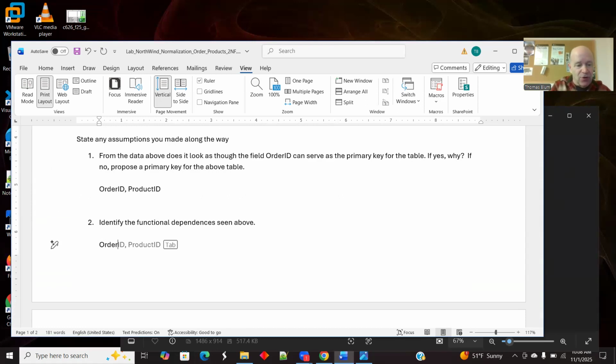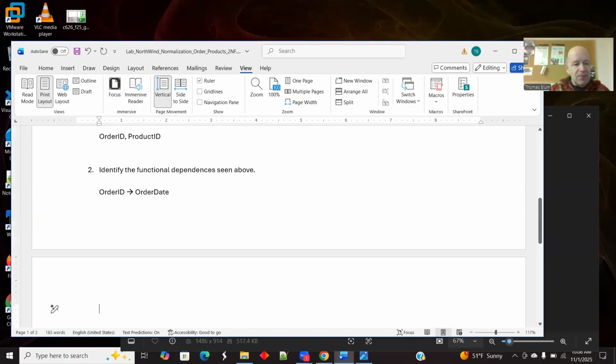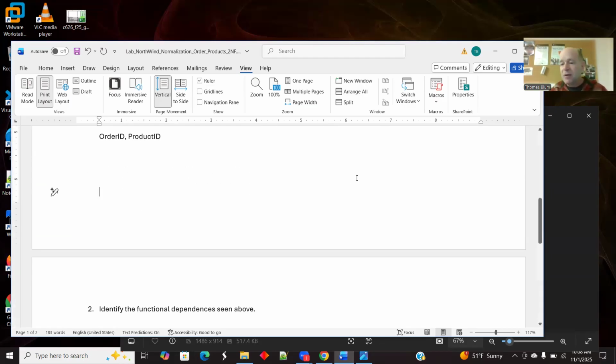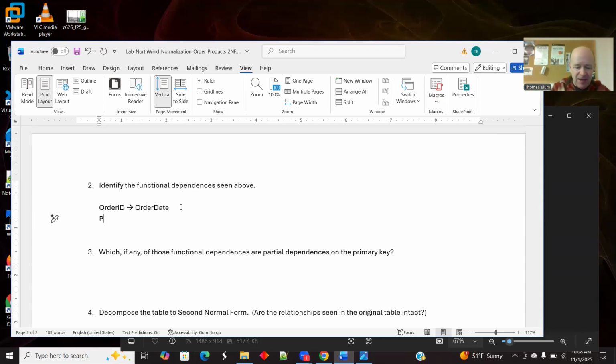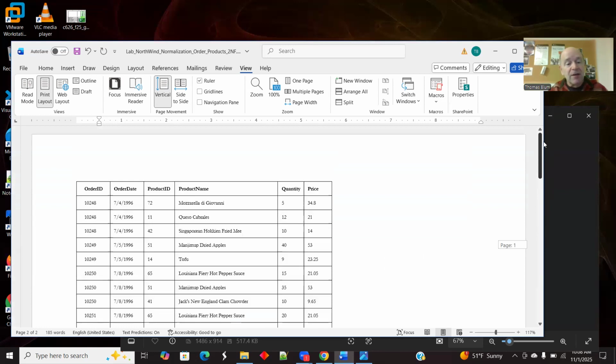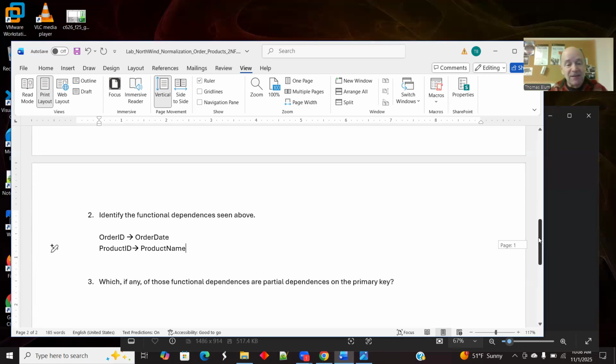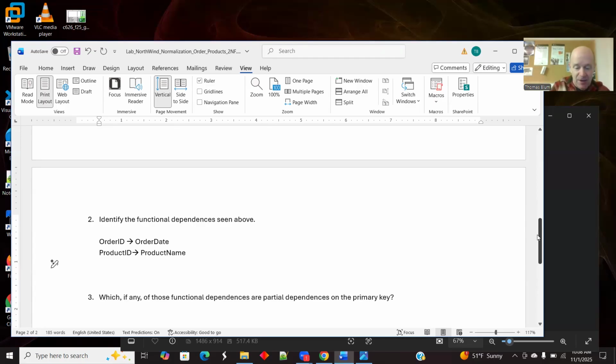The order ID gives us the order date. The product ID gives us the product name. What else did we have up there? The order date, the product name, and the quantity came from a combination.